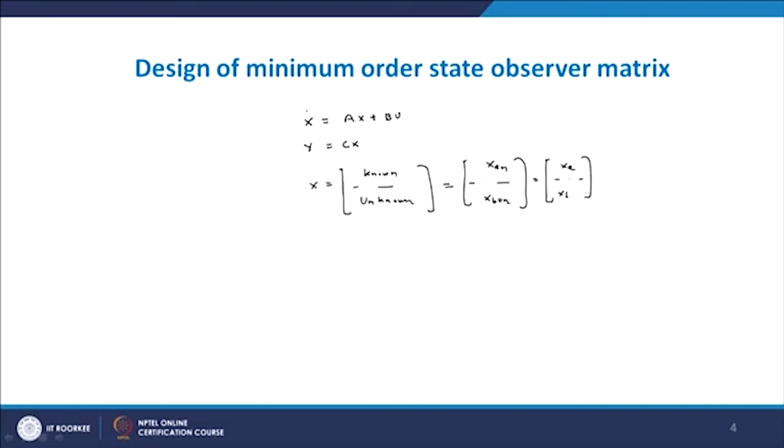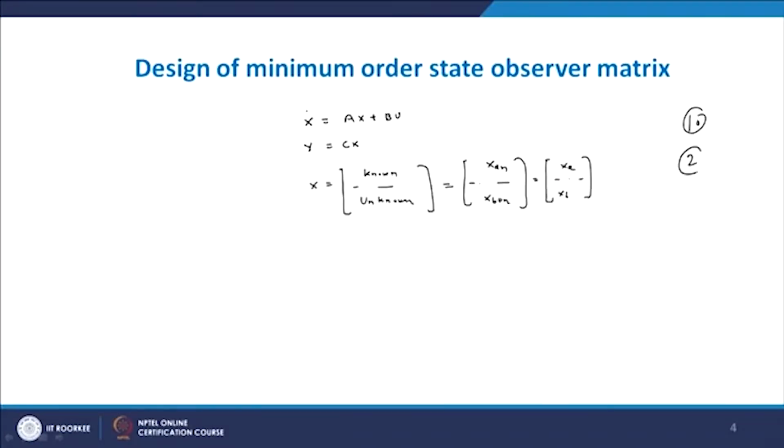Now, we have to do the analysis of the system. Let us say there are 10 states. We can say that 2 states are known and 8 are unknown. But for simplicity, we are assuming that we know only one state, that is one state is known and the other states need to be estimated.